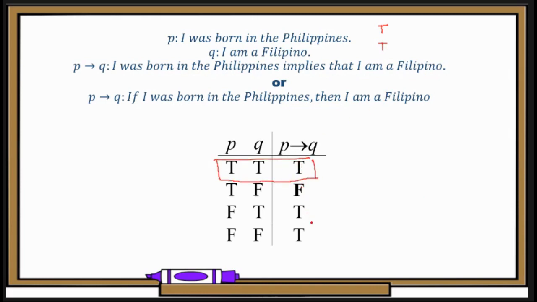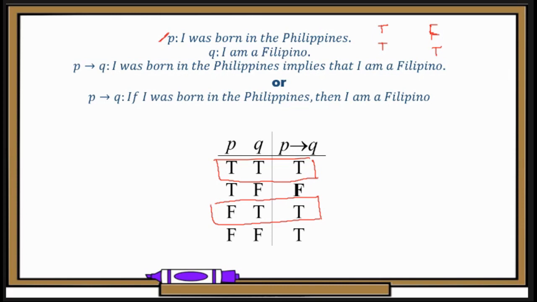If, for example, hindi ako pinanganak sa Pilipinas, false ito, but still I am a Filipino, then it is still considered true. Magiging false lang siya pag tama yung hypothesis mo or antecedent mo, tapos false yung conclusion or consequent.